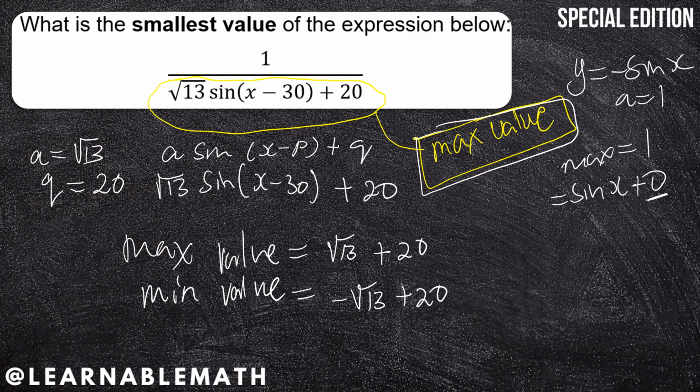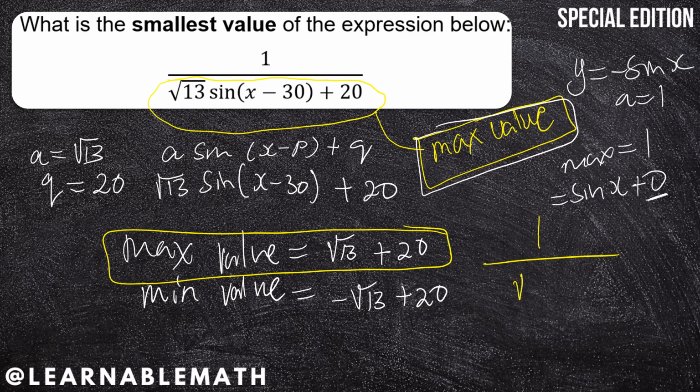Now, what is the smallest value of the expression below? For any fraction to result in the smallest value, we have to be dividing by the maximum value, so your denominator must be maximum. In other words, your denominator in this case must be root 13 plus 20.